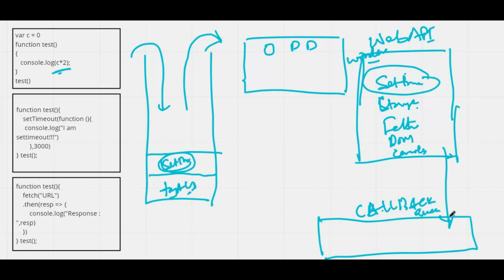Then here is your event loop, sorry, not event listener, the event loop, which is checking this queue continuously and checking the stack as well. Once the stack is empty, that means everything before and after your setTimeout is executed.